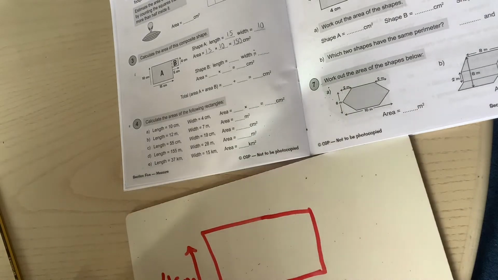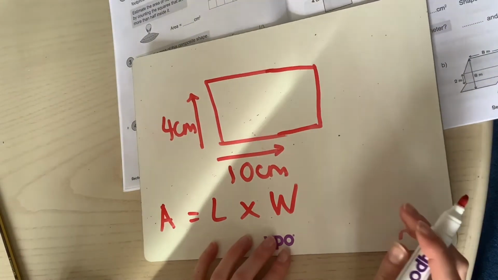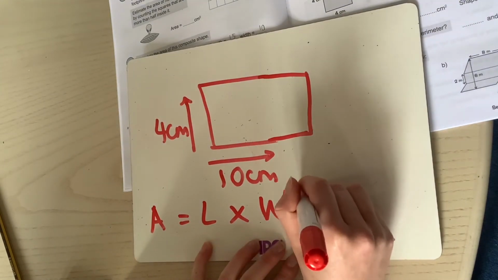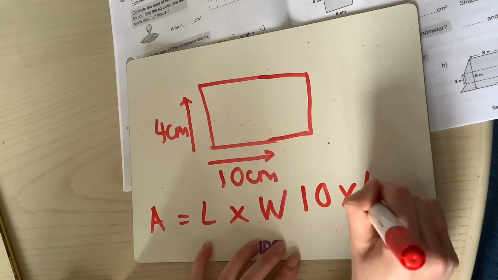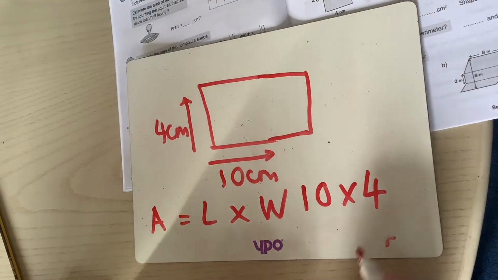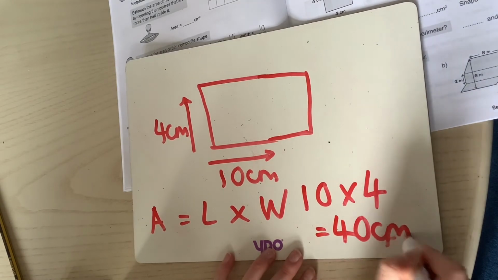So I'm using the same thing. Area equals length times width. So do my length times my width. 10 multiplied by 4, or 4 multiplied by 10, equals 40 centimetres.